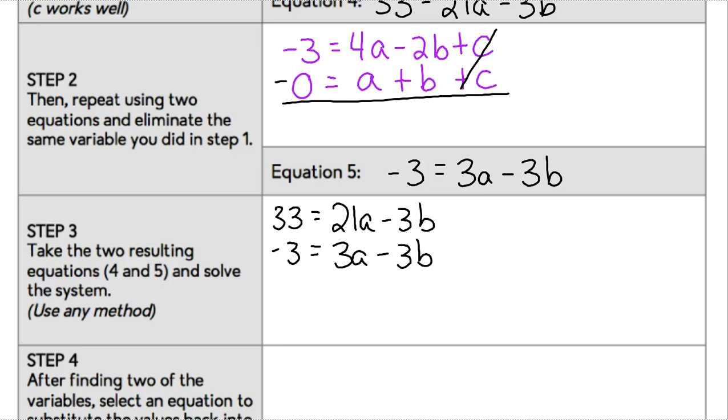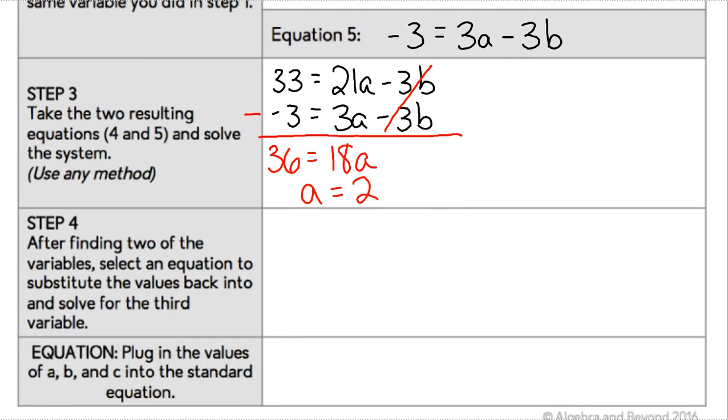To eliminate those two equations, I would have to subtract -3 minus -3 to make those cancel out. So that's going to give me 36 equals 18a. So that means that a is 2. So I've got my first variable. So again, if we're writing our solutions, we can say that the first part we have is a = 2, and then we've got to find the other ones.